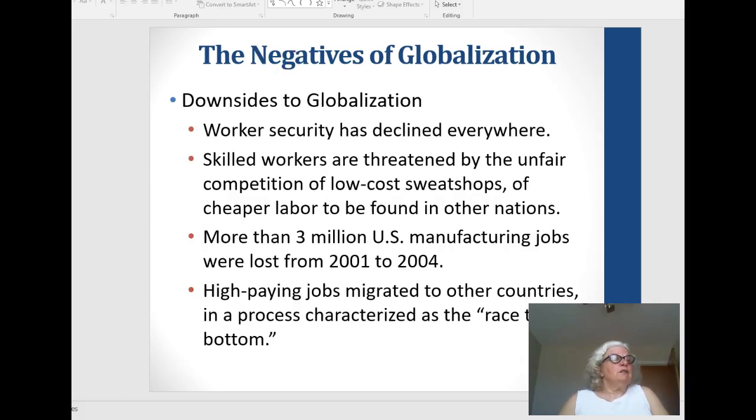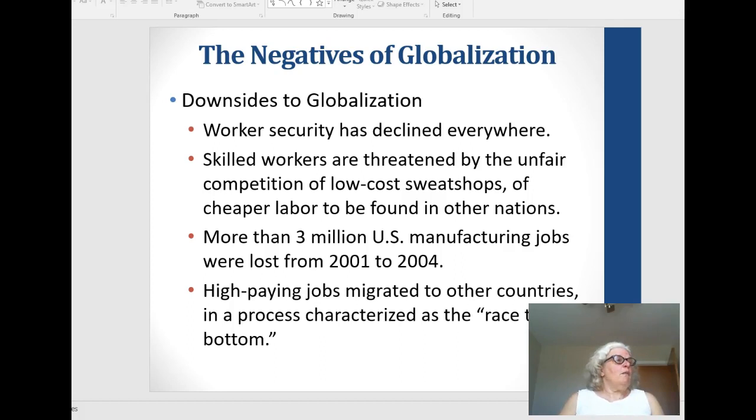We know the downsides: the decline in work security, the skilled workers threatened by unfair competition. Labor unions have been worn down in the process. And now we're even talking about the loss of skilled workers, that we need to build our skilled workers.